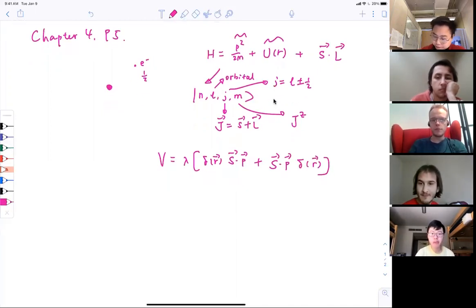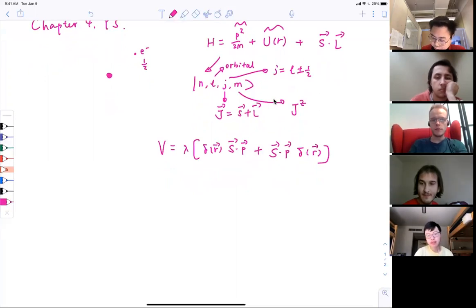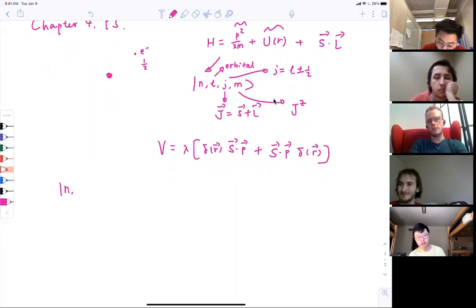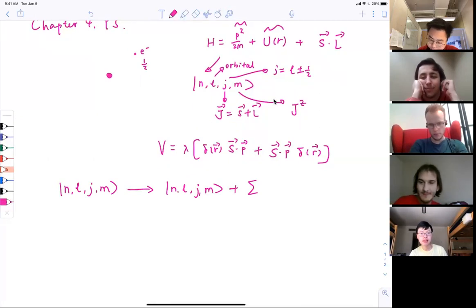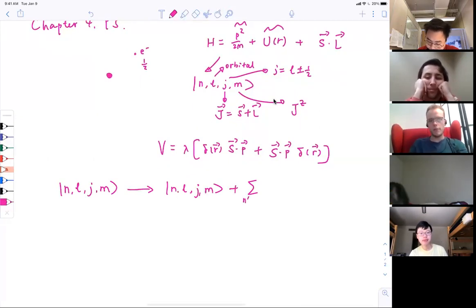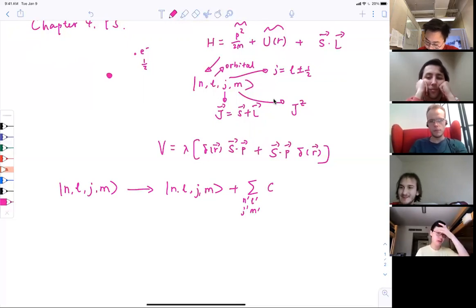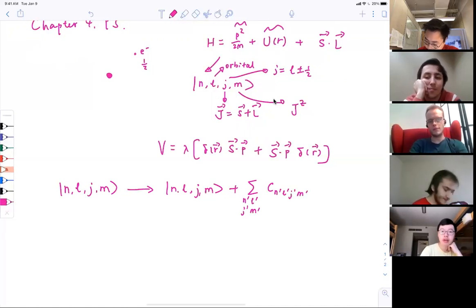And in this case, from the perturbation theory, we know the eigenstate would shift, right, to some superposition of other states, N prime, L prime, J prime, M prime, and there's some coefficient in the superposition of this.